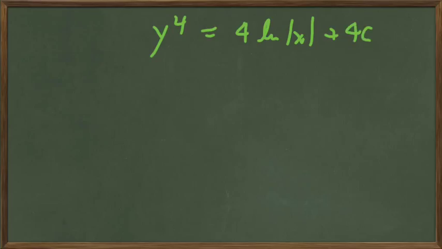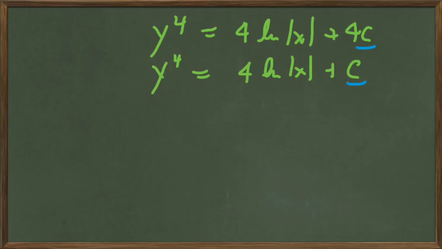The convention, though, is to not write any constants times numbers, and so we just rewrite that as a new constant c. These two constants c on this line and on this line are not the same constant, but the convention is to just ignore that distinction and just rewrite with a new constant c.